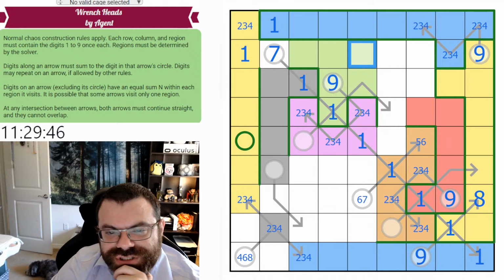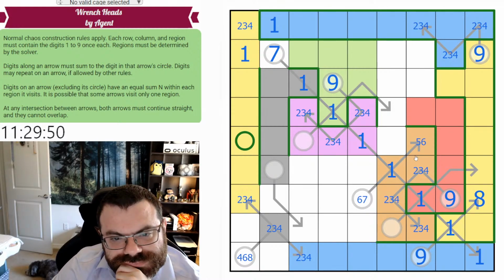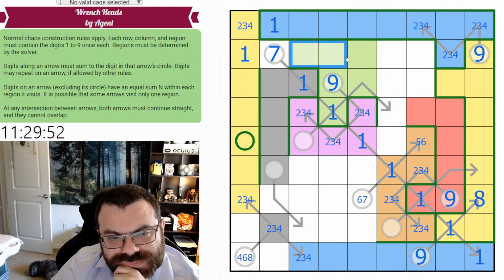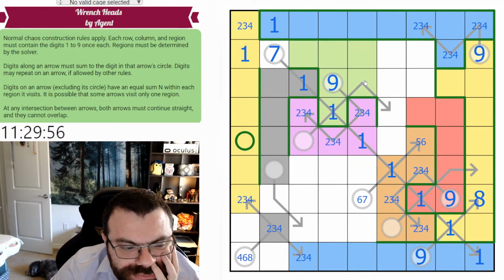Oh yeah, and red can't reach here, so this is also green. 1, 2, 3, 4, 5, 6. So green gets 3 more.